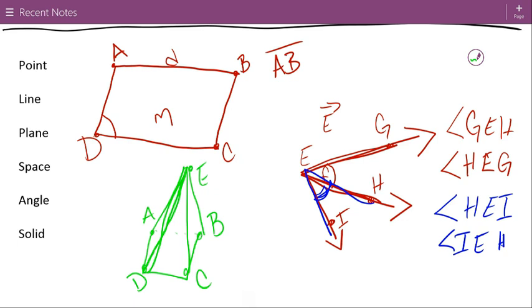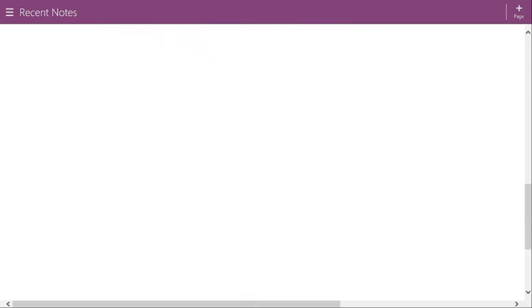You can see that line AB is in a dotted line. So those are, I guess, the basics of geometry. Just again going over some of those ideas.